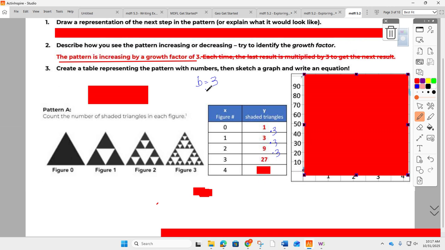So what would the 4th figure look like? There would be 81 triangles, right? Somehow there would be 3 of these figure 3s in there, but I cannot picture it in my head. I'm just going to tell you.